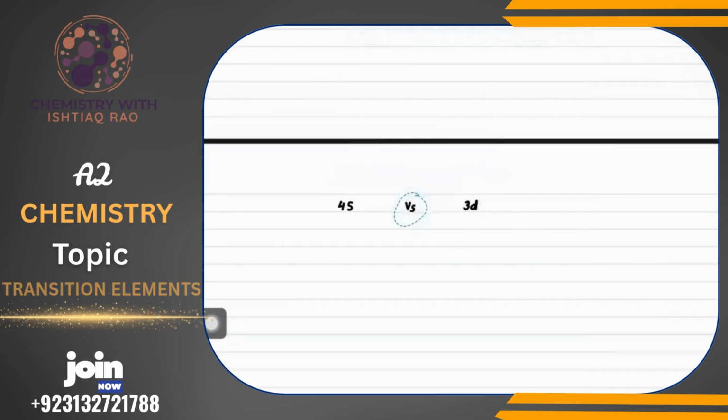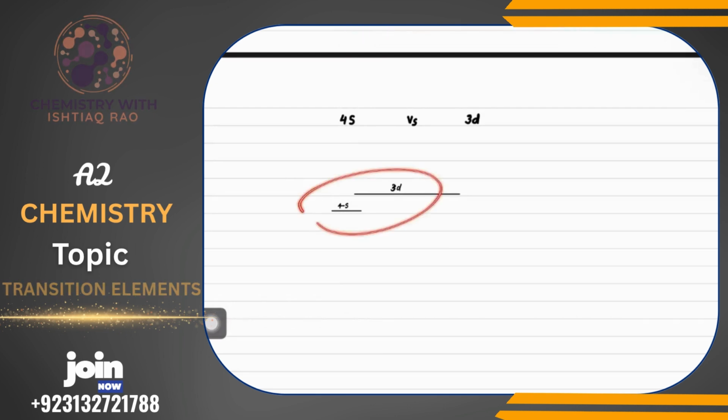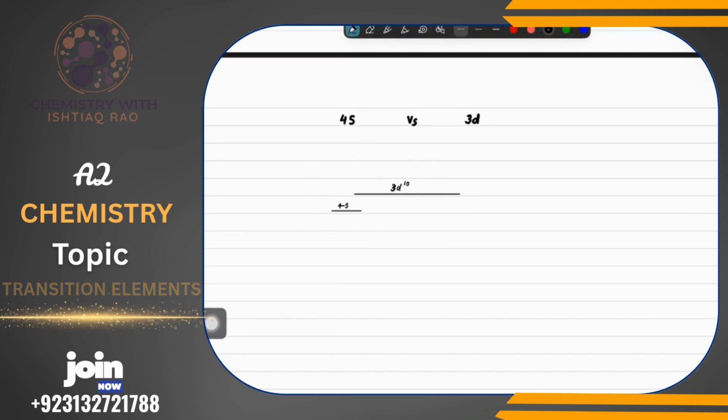Different orbitals have different energies, right? When you see the energy of the 3d and 4s orbitals, you will find a very minimum gap between them. When I put electrons in 3d and in 4s, there would be a very strong repulsion between 3d and 4s.